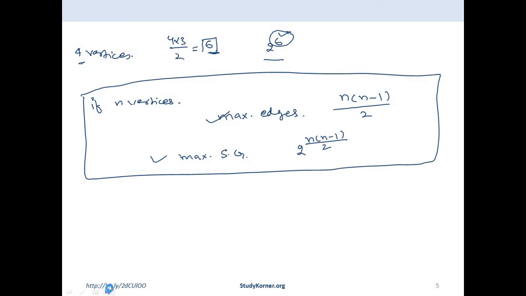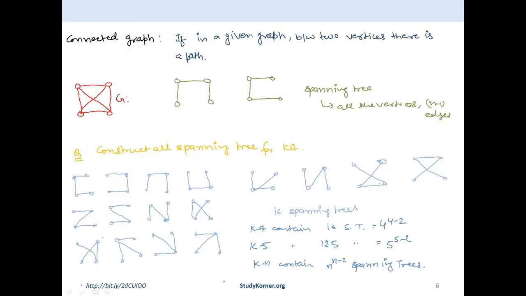Now, next is, what is a connected graph? These are some of the terms which will be used for finding the spanning tree. A connected graph is a graph in which there exists a path between any two vertices. If there exists a path between any two vertices in a given graph, we call the graph connected.